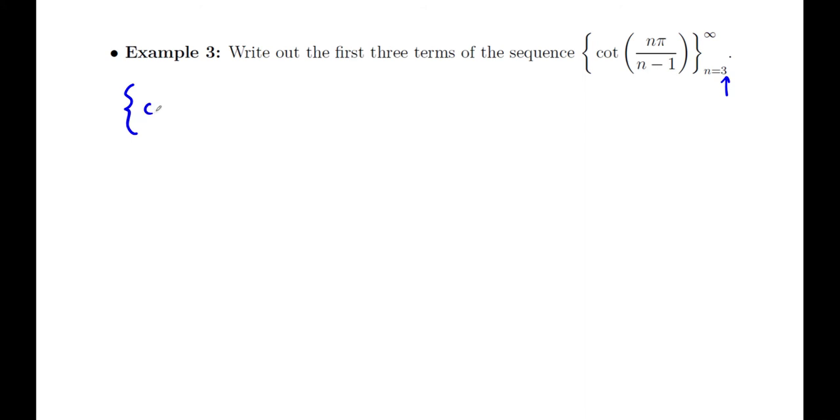So our first term here is going to be the cotangent of 3 pi over 3 minus 1, the cotangent of 4 pi over 4 minus 1, and the cotangent of 5 pi over 5 minus 1.